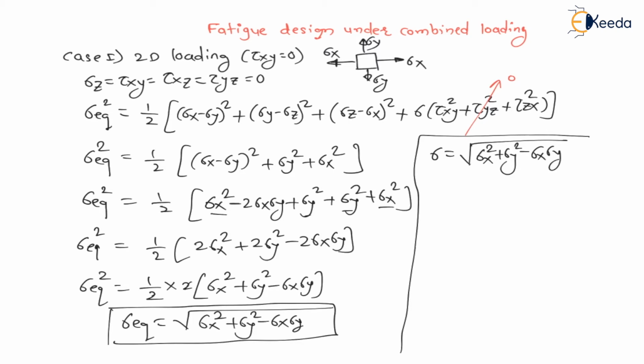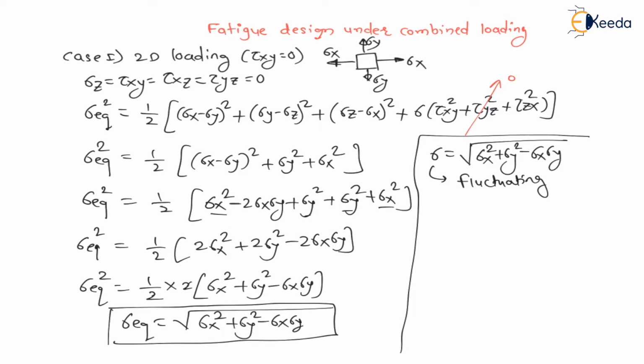Now again this stress is fluctuating, meaning sigma x is fluctuating from minimum value to maximum value, as well as sigma y is fluctuating from minimum value to maximum value. Therefore, for such type of loading, we have to find mean stress and stress amplitude.